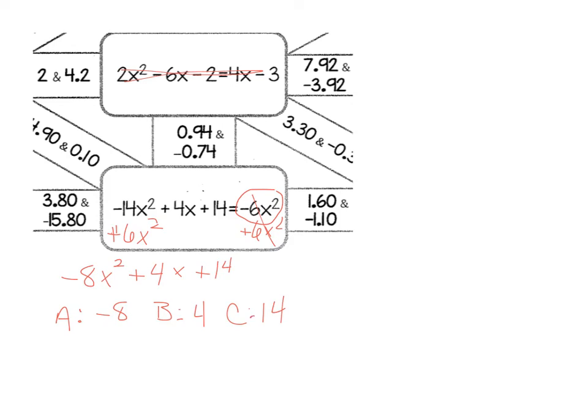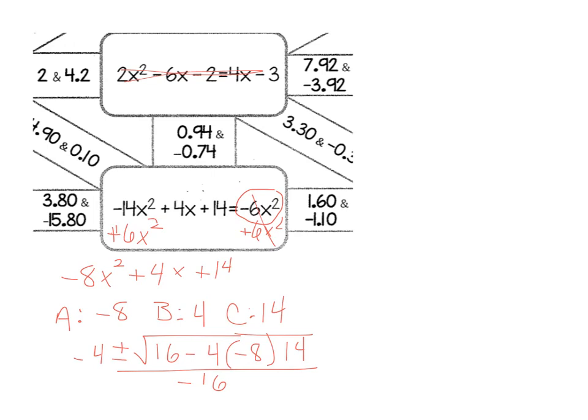Plugging it into the quadratic, I've got negative b plus or minus the square root of b squared, which is 16, minus 4 times a times c, whole thing over 2a, which is going to be negative 16. If we go to the radicand, I'm going to have negative 4 times negative 8 times 14, and then I'm going to add that to 16.